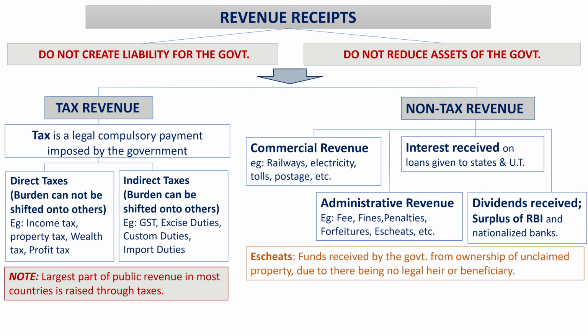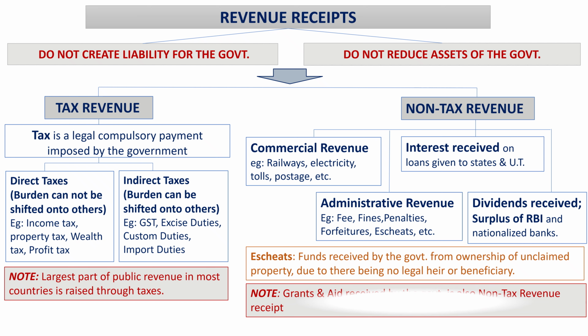Dividends paid to the government form a very significant part of the non-tax revenue. Surplus of RBI and nationalized banks refer to the excess of income over expenditure of these banks, and this surplus is transferred to the Government of India, and it plays a vital role in government's budgetary requirements as well as its fiscal policy.